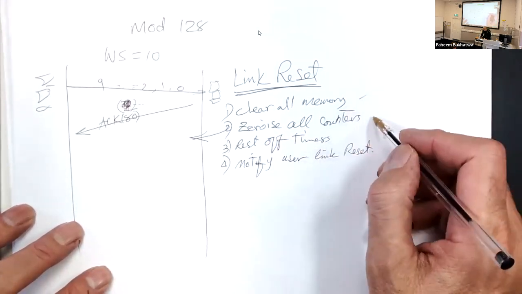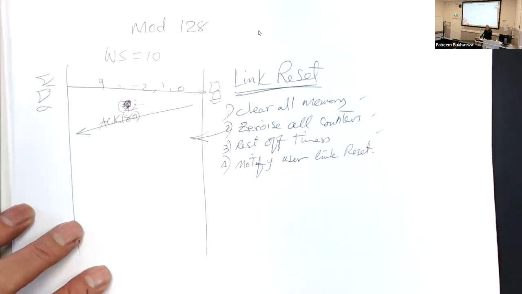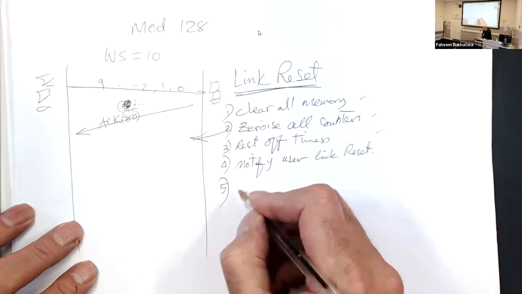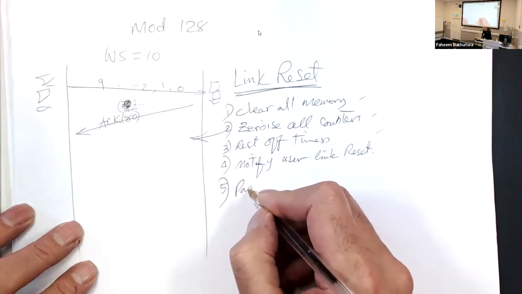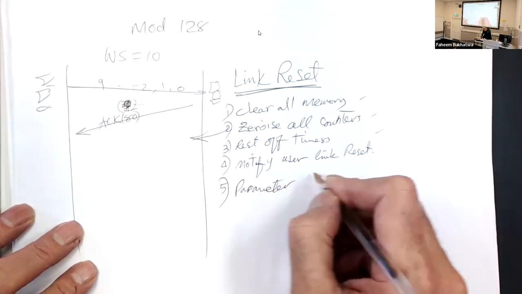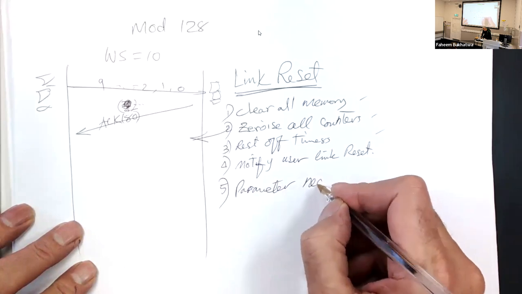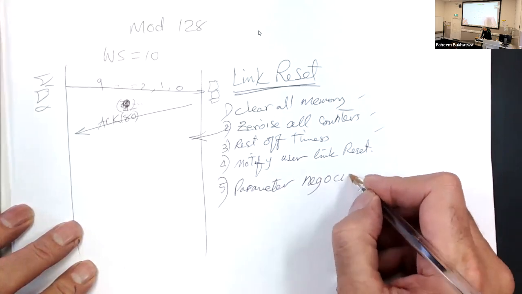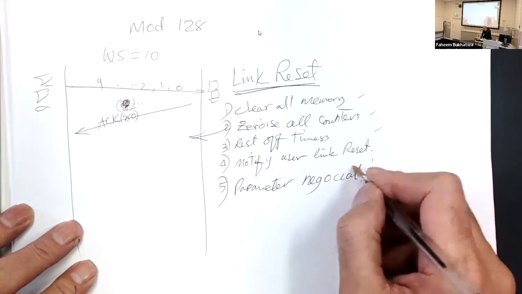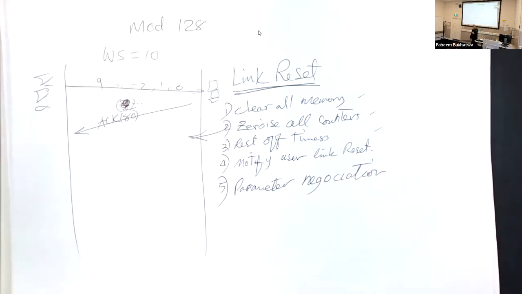So we lost the link, we reset everything, put everything back to 0, and then we have to do parameter negotiation. We need to negotiate our parameters. Parameters mean the variables that we are using. Like, what modulo are we going to be using?